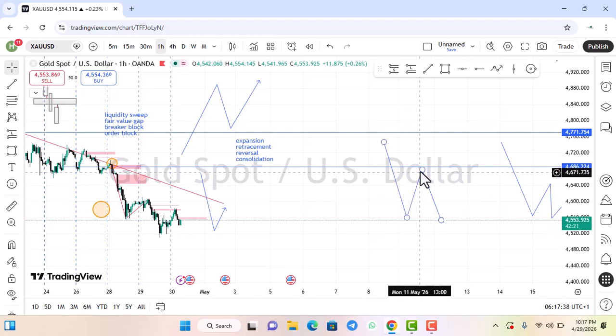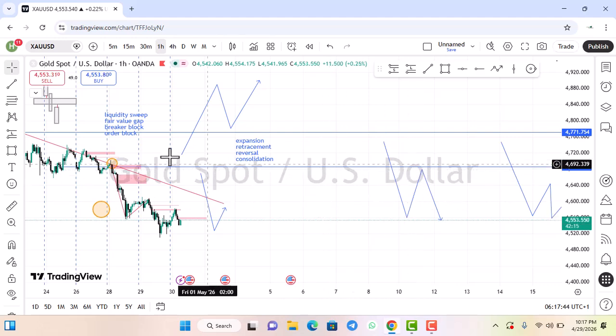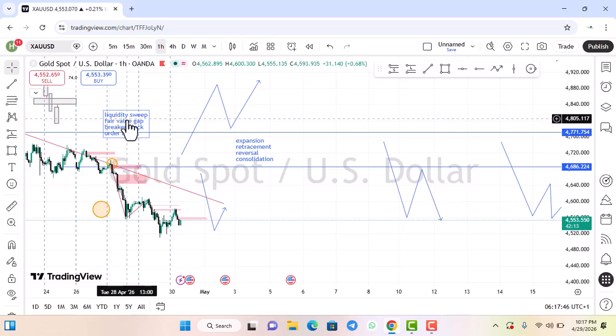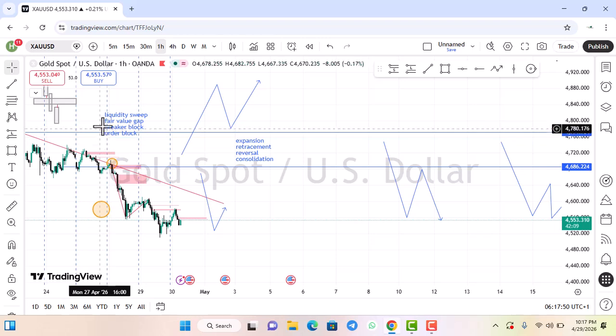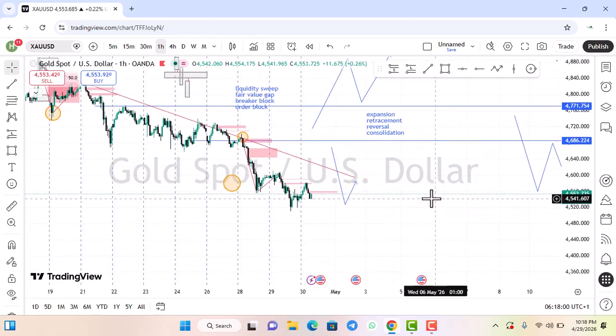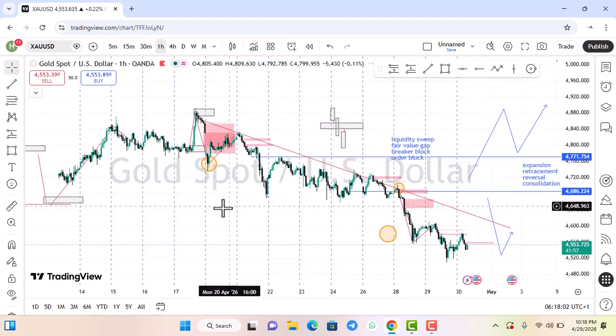This reversal has an objective it wants to achieve, and that objective is these four order flows. Either price is going to sweep liquidity, or go to a fair value gap, or go to a breaker block, or go to an order block. I'm going to explain each and every one of these order flows in this video. So let's see it on chart.